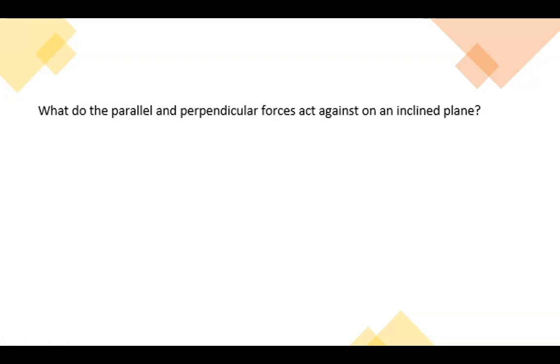So what do parallel and perpendicular forces act on an incline? Well, first of all, what do we mean by parallel and perpendicular? We've got an object on an inclined plane, and it has a force due to gravity acting upon it.